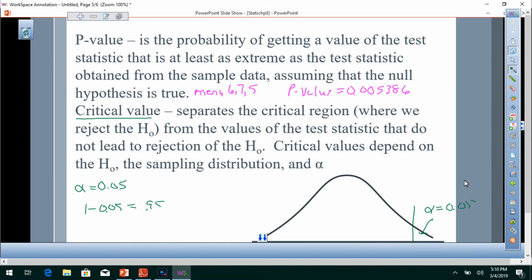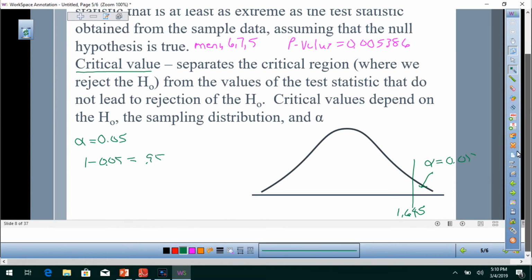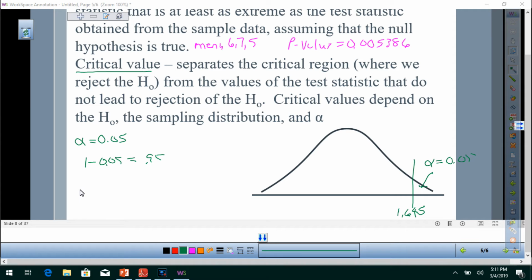Let's go back over here for a second, because we've already drawn it over here. If we do it by the p method, the p-value is 0.005386, and the alpha is 0.05.